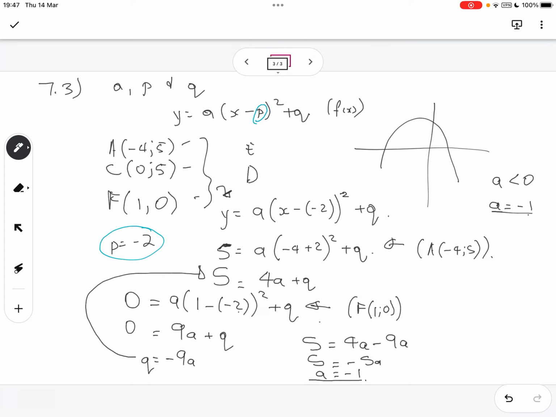Therefore, a equals negative 1. So we found the value for a, it's negative 1. There we have it there.